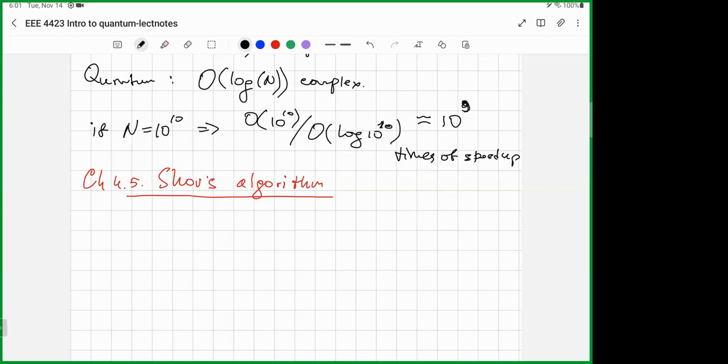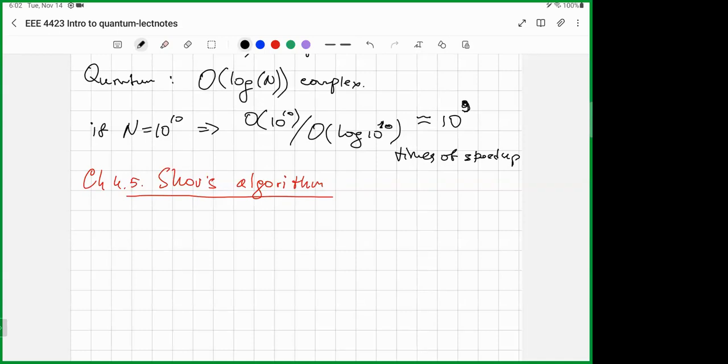So the Fourier transform is extremely important. And one would say that it would be extremely useful, beneficial, to use quantum computers to do the Fourier transform of data.